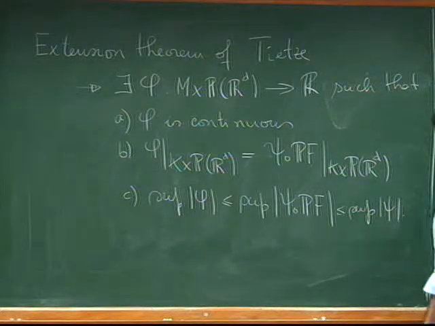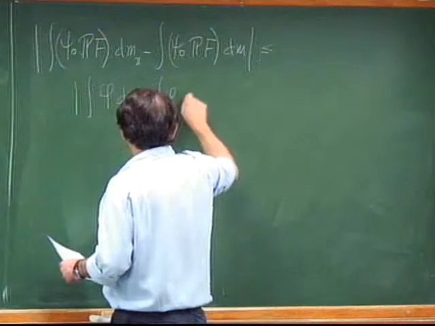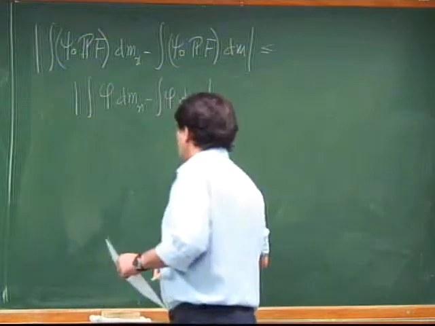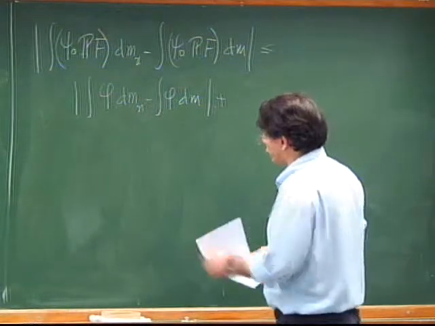So now let's calculate the integral of psi composed with pf dmn minus the integral of psi composed with pf dm. Of course, we are going to split into two parts, inside k and outside k. So this is less or equal than the integral of phi dmn minus the integral of phi dm, and then I have to compensate for the difference between the two.